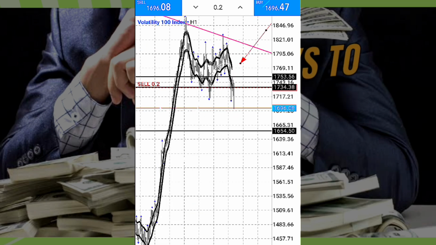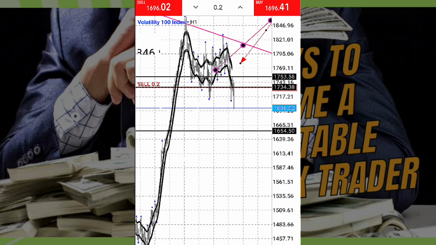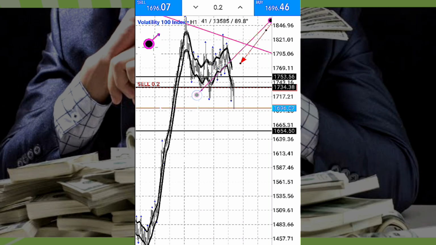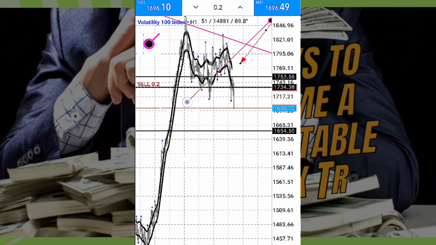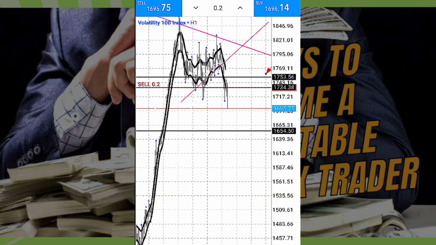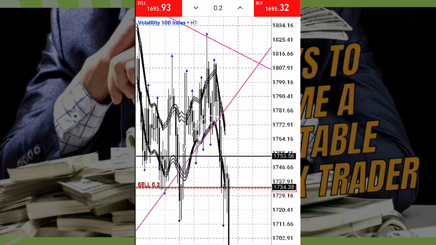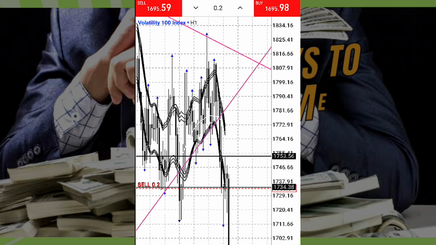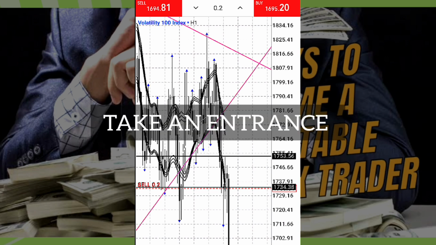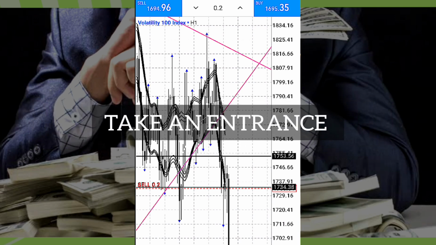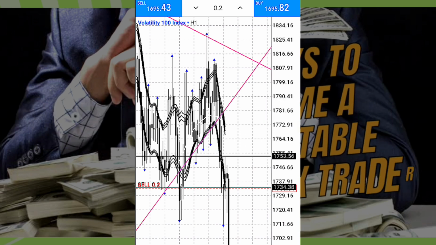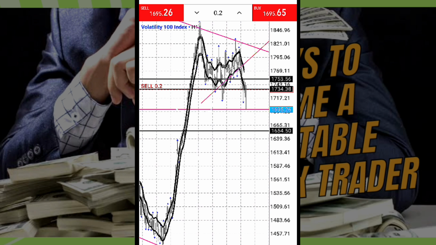Follow the structure. Look at the structure here. All I have to do is use my trend line to cross here. I'm showing you one way you can take a very good entrance.